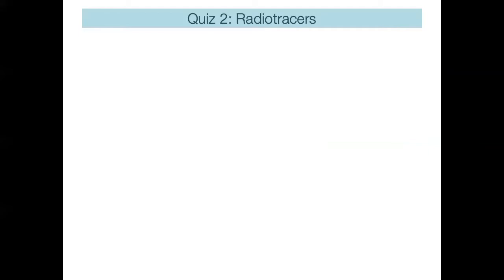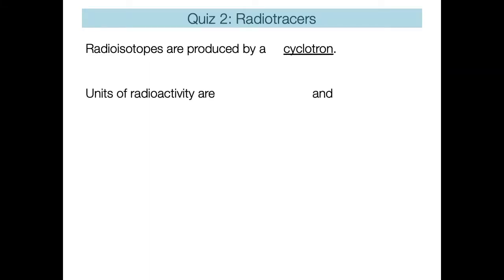So that brings me to quiz number 2. Radioisotopes are produced by a, yes, very good, by a cyclotron. Units of radioactivity are blank and blank. Yes, I hear a lot of murmuring here. Feel free to speak up, but I did hear it.